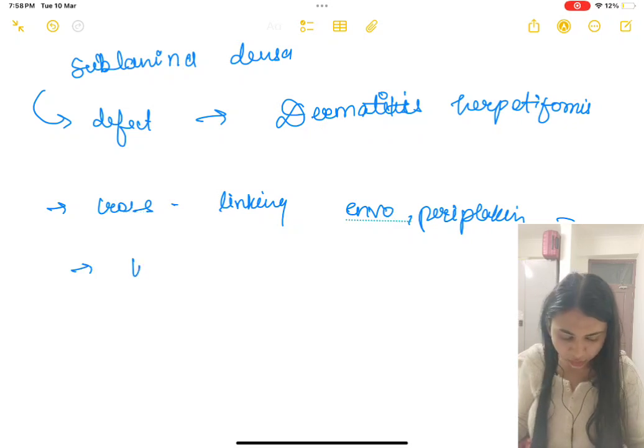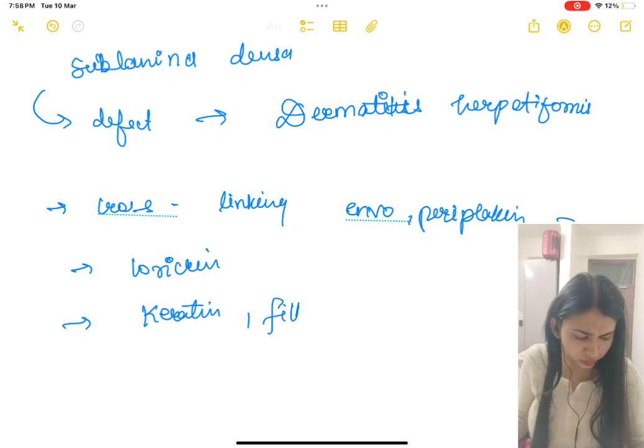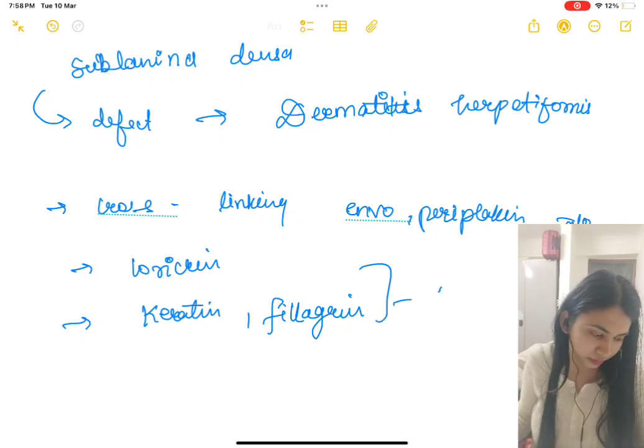Also there will be loricrin cross-linking of the envelope, and there will be keratin and filaggrin cross-linking. These all support the cornified cells.